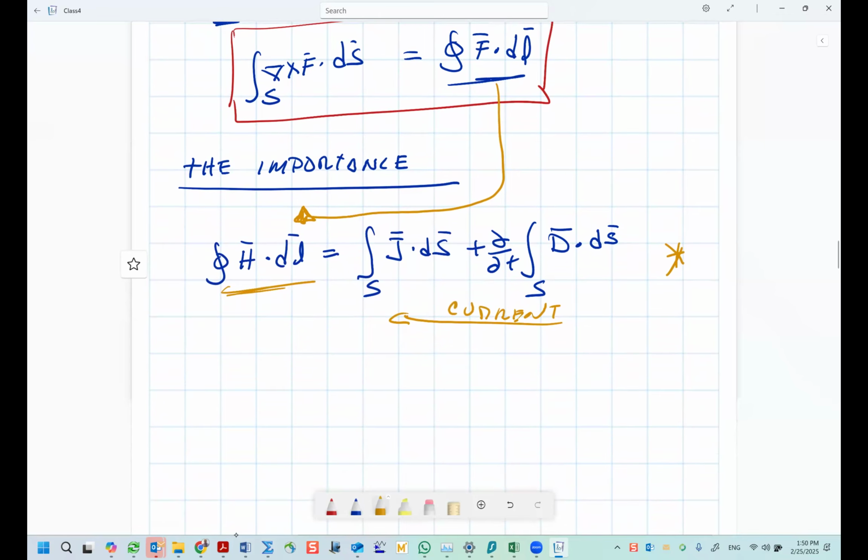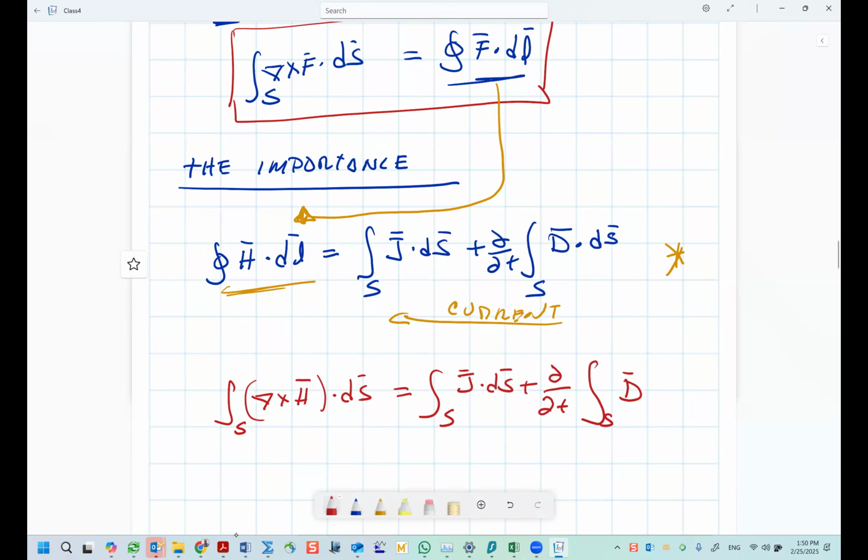But now I can put this in here. I will have the surface integral of the curl of H ds equals the surface integral of J dot ds plus the time derivative of the surface integral of D dot ds.